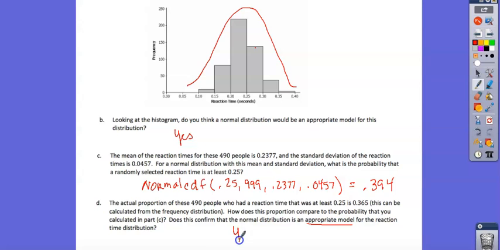I would say yeah. That's pretty cool. When they did it, the answer was 36.5%, and when I calculated assuming a normal distribution, I got 39.4%. I think that's pretty good. I was pretty close. I would definitely think it's appropriate.